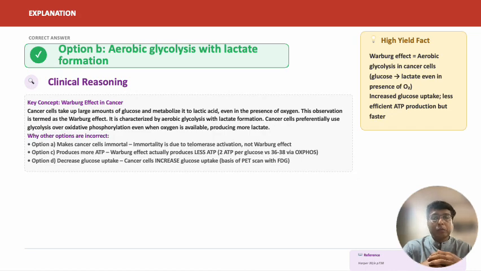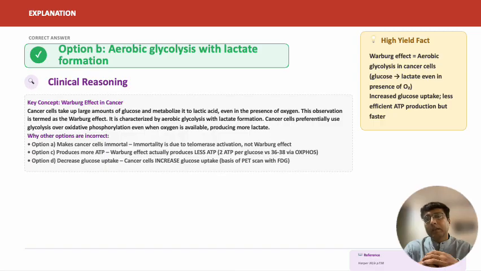So let's exclude the other options. The option A, that is, makes cancer cell immortal. Actually immortality is due to the telomerase activation, not due to the Warburg effect. And option C, it produces more ATP.